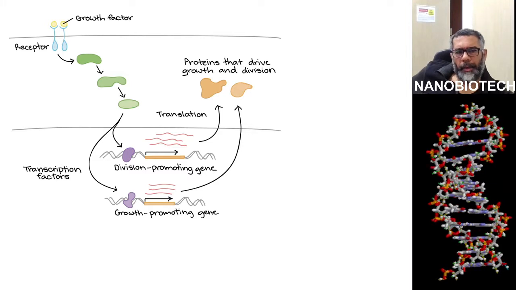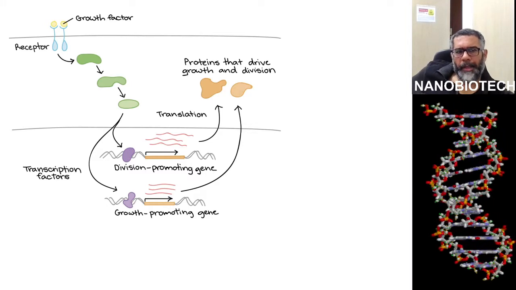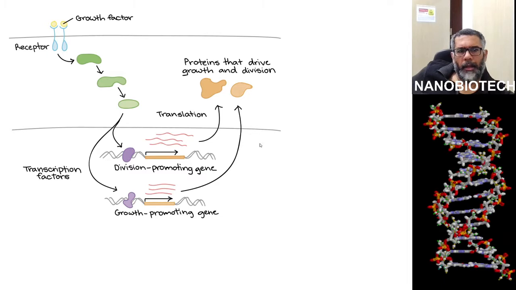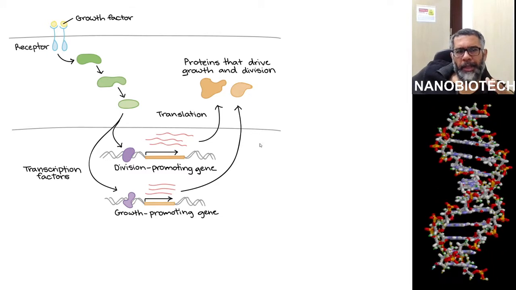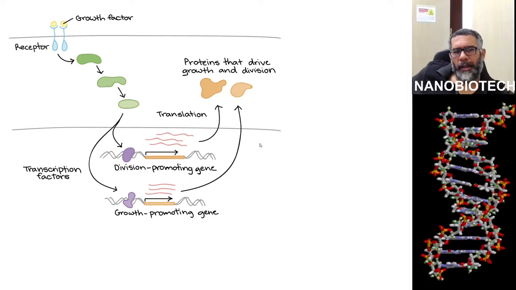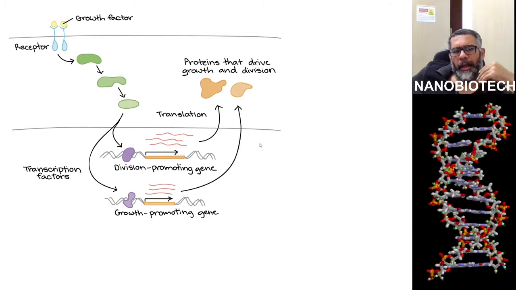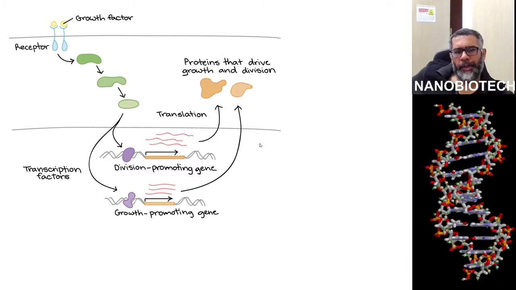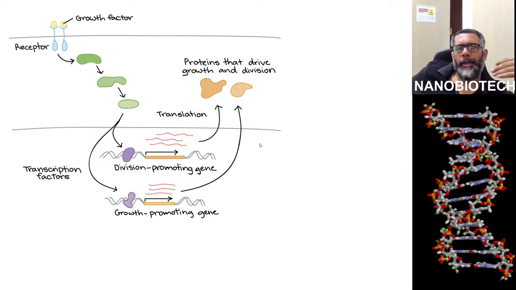So this is just one example of how a cell can convert a source of information into a change in gene expression.